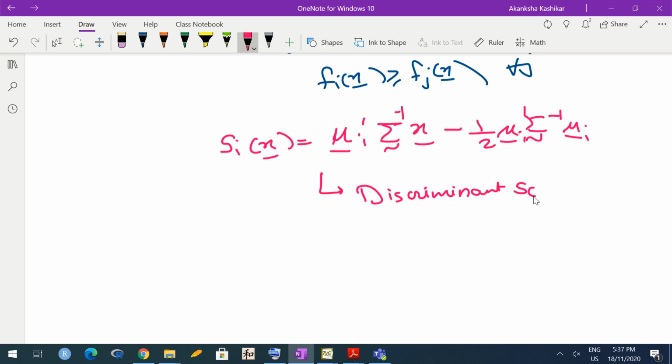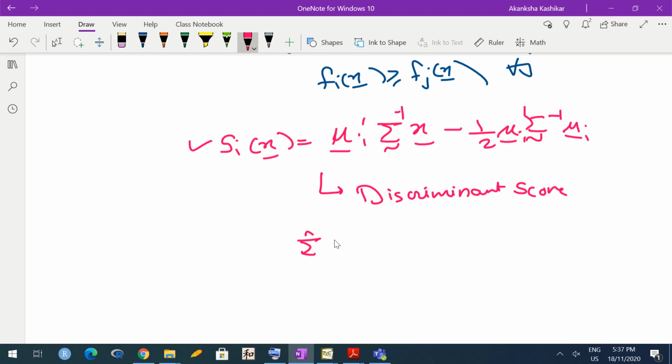So the rule says that compute this type of discriminant score for each population and assign x to that population for which this score is maximized. Of course, mu and sigma will have to be replaced by their estimates.